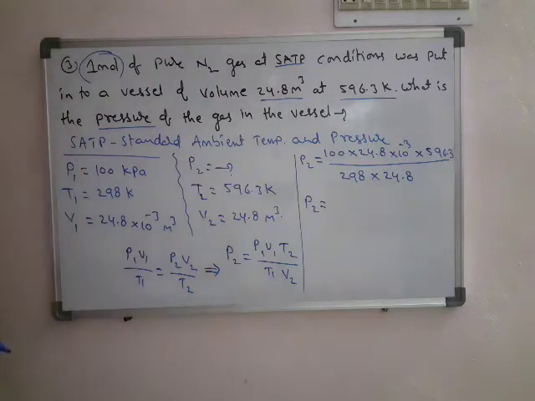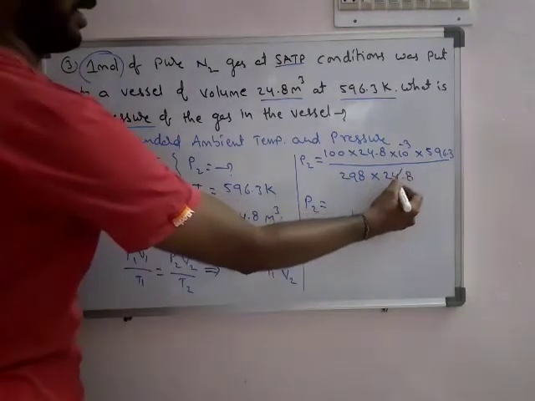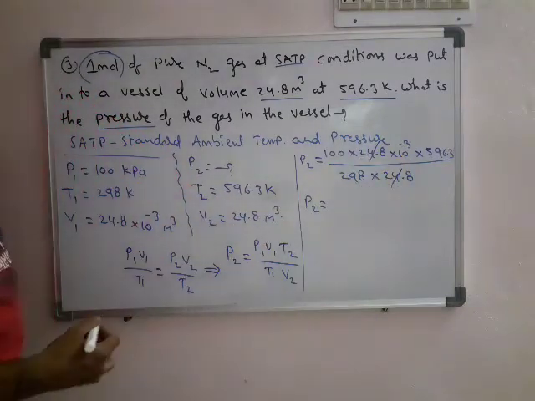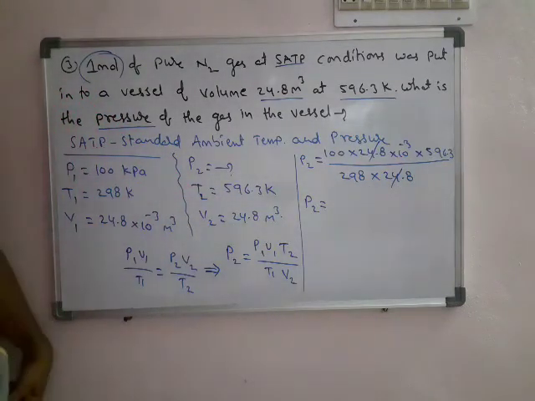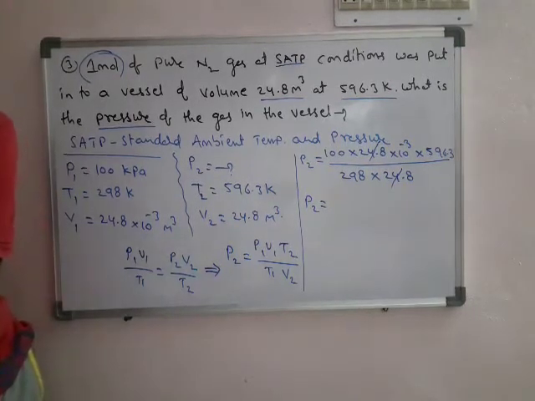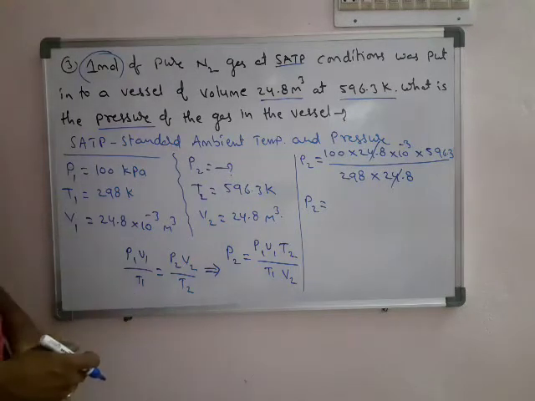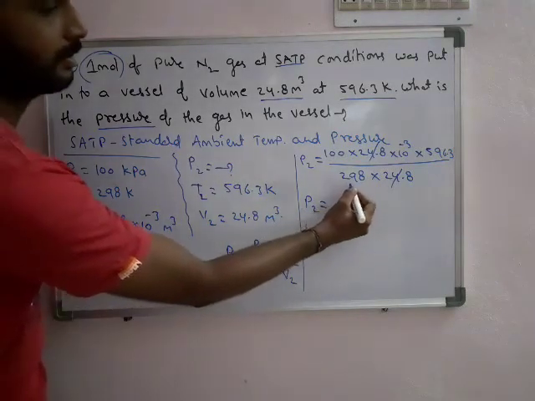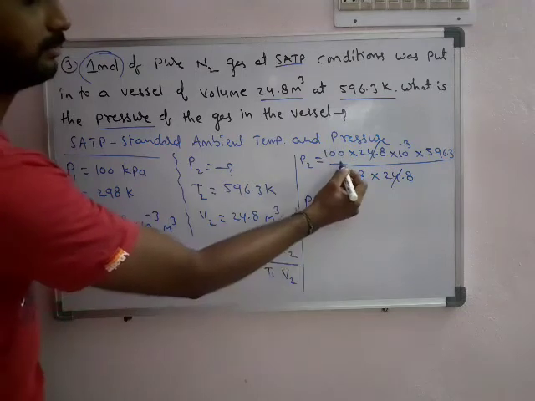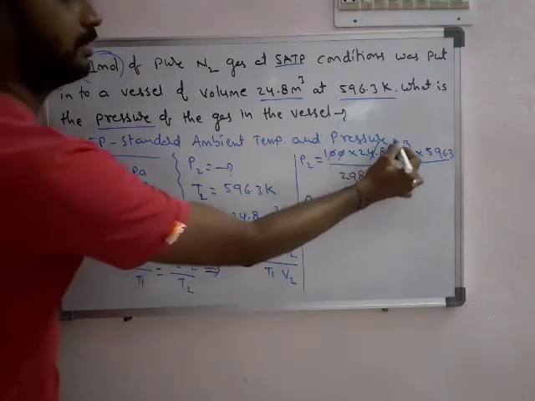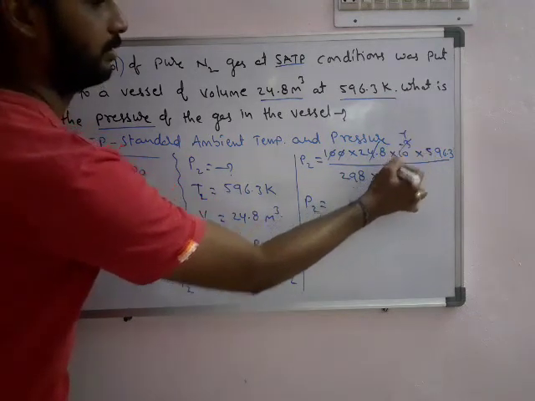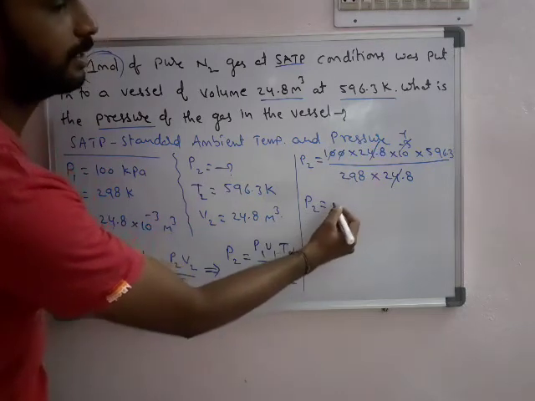Here see, exactly there is a cancellation. This is 24.8, this 0.8, and here what is the 298? So here, let's calculate this part. 596.3.